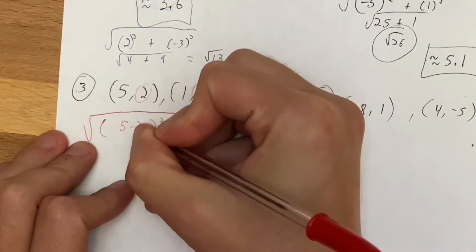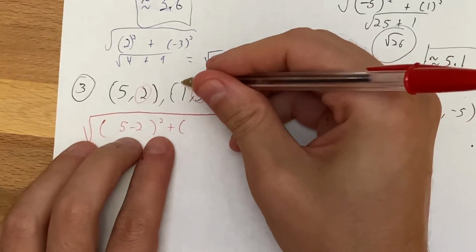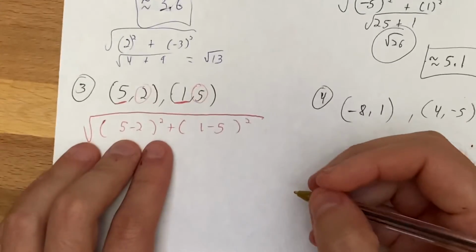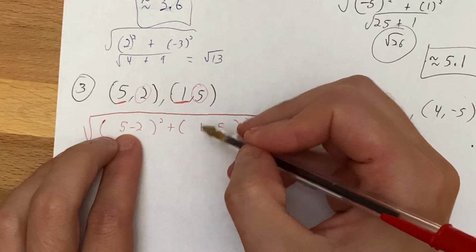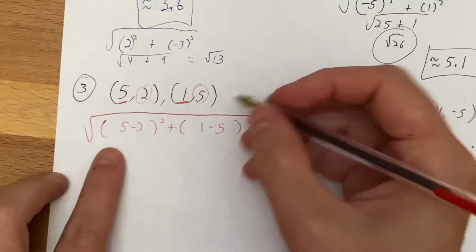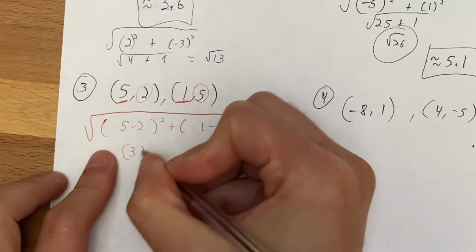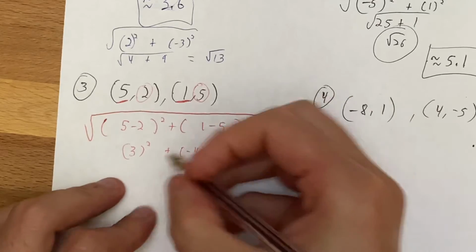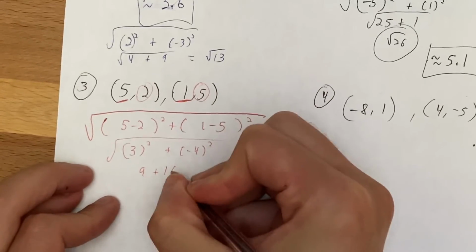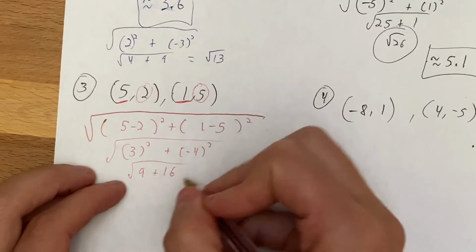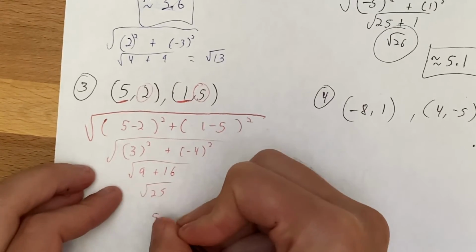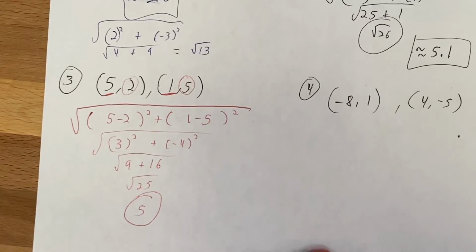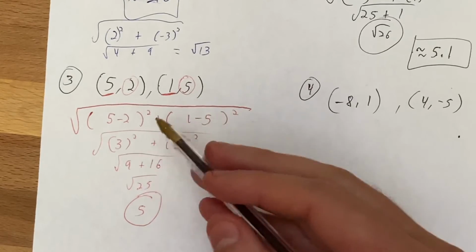And then I'll subtract the y's, 1 minus 5. Like so. So 5 minus 2, 1 minus 5. This will be 3 squared plus -4 squared, which is 9 plus 16, a positive 16, which is the square root of 25, which is exactly 5. So the distance is 5. Ta-da! If you did the whole thing in your calculator, then obviously you didn't care. You'd still get 5.